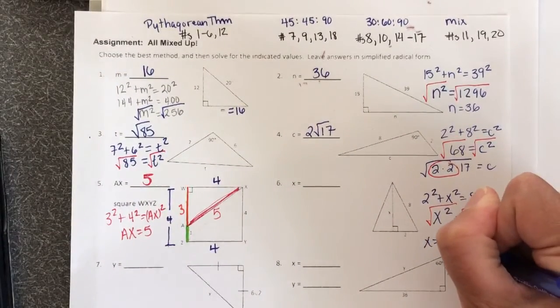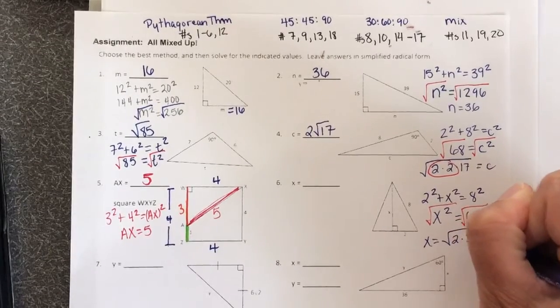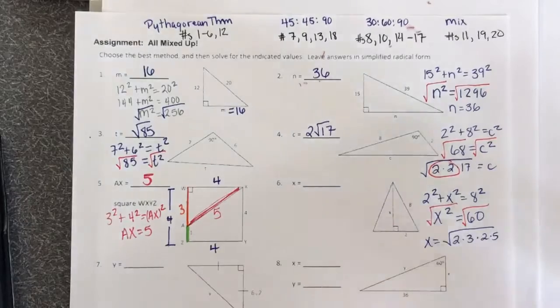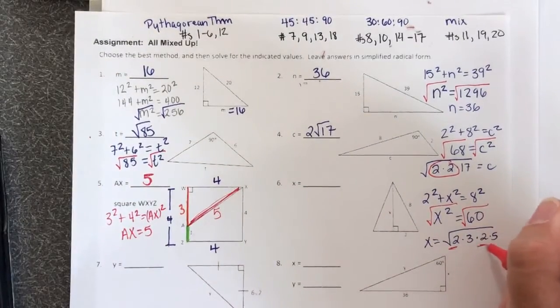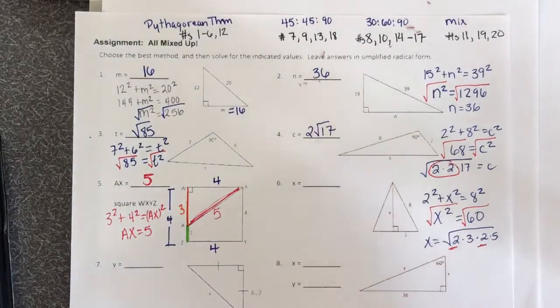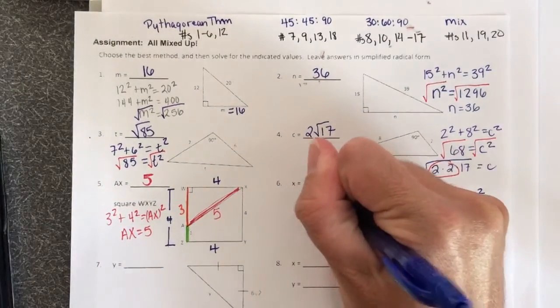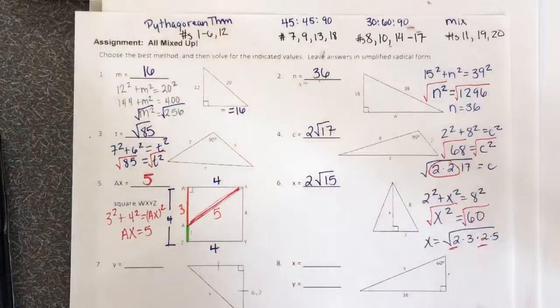Six is 2 times 3. 10 is 2 times 5. So my set of 2's comes outside of the radical, leaving with 3 times 5, or 15, under the radical. So x is 2 times the square root of 15.